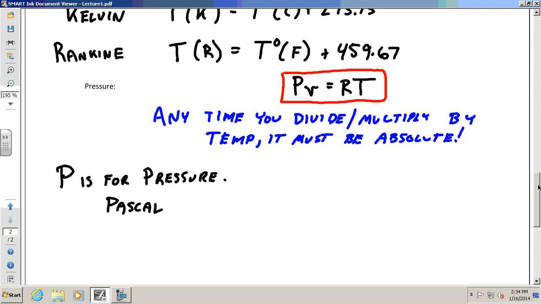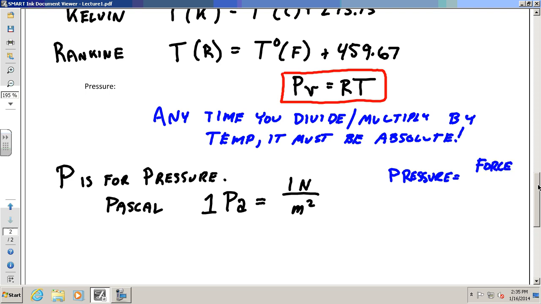Usually we're going to abbreviate it with a capital P lowercase a. And by the way, 1 Pascal is 1 Newton per meter squared, because pressure is really just a force divided by an area.